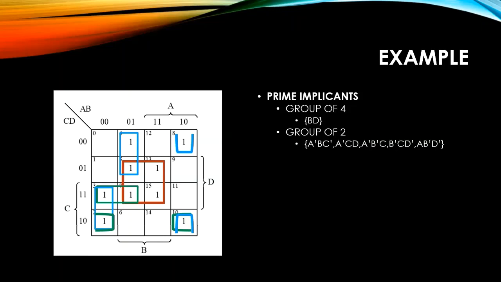Okay, so after determining the prime implicants for the group of 4 and group of 2, now we're going to determine the essential, redundant, and selective ones so that we could determine the final equation. What are the essential? Definitely the group of 4. Why?